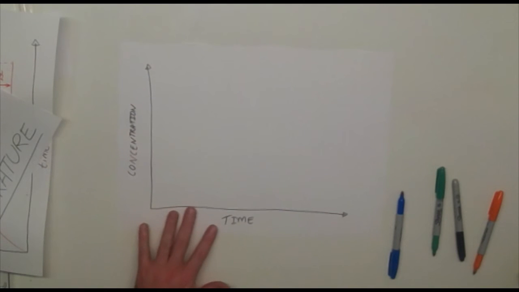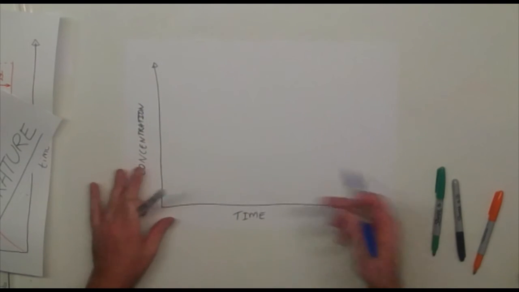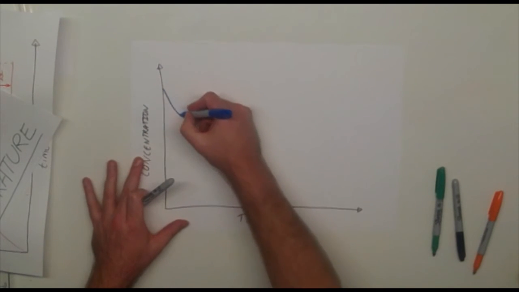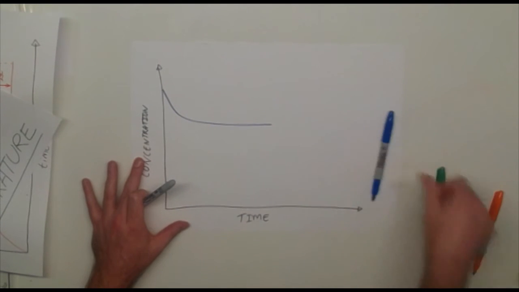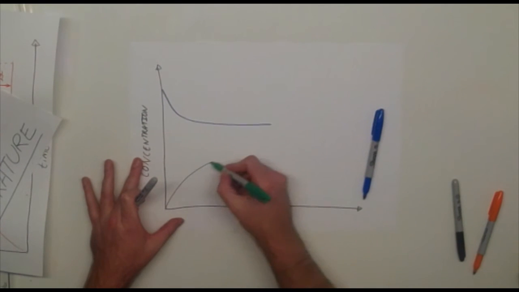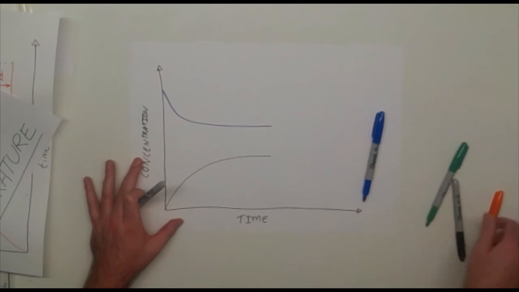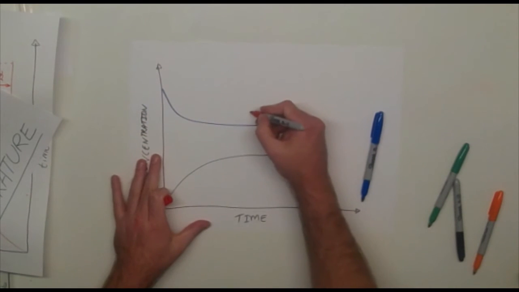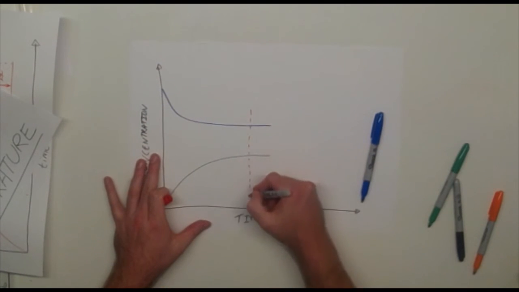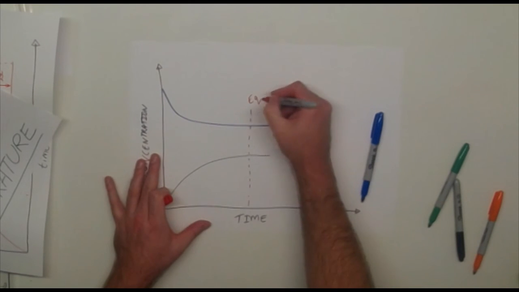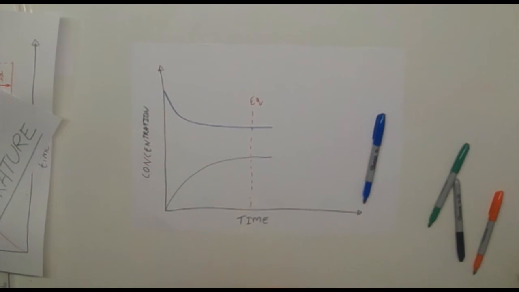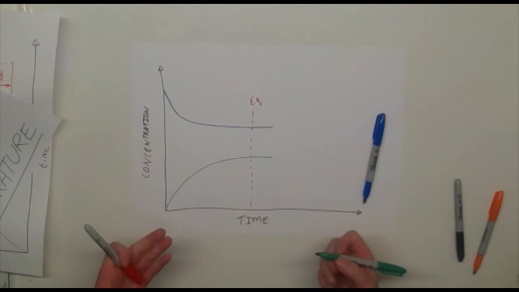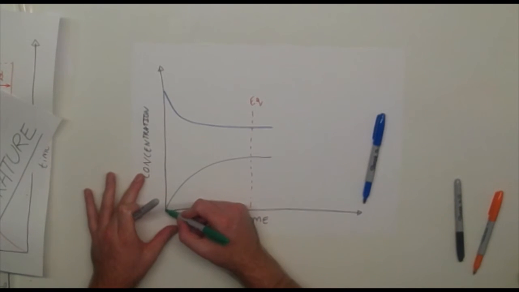So what that means in terms of a graph of concentration versus time is, if we have a reaction, you notice we've got our reactants that go like this to form our products, and our products go like this, and we get to an equilibrium spot here where the slopes of both are 0, so there's our equilibrium. If we introduce a catalyst, all it does is allow equilibrium to be obtained faster.